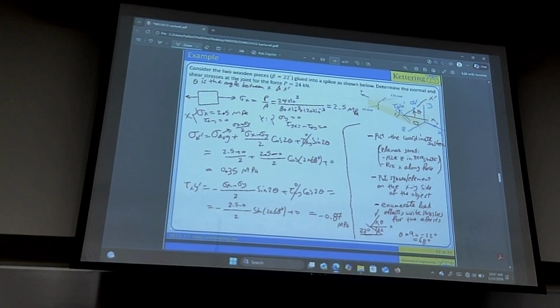So again, by knowing the material properties, the glue's properties, you're able to determine whether the glue is safe or not. Two values, sigma U and tau U, you would need. You practice so much of those.